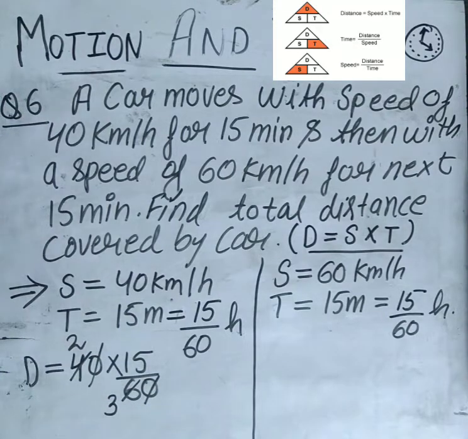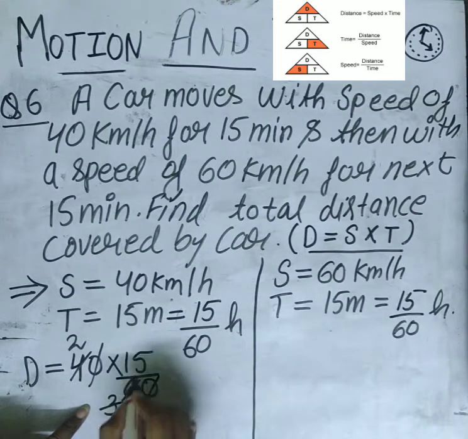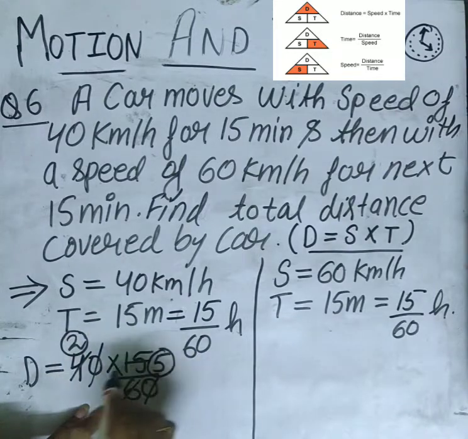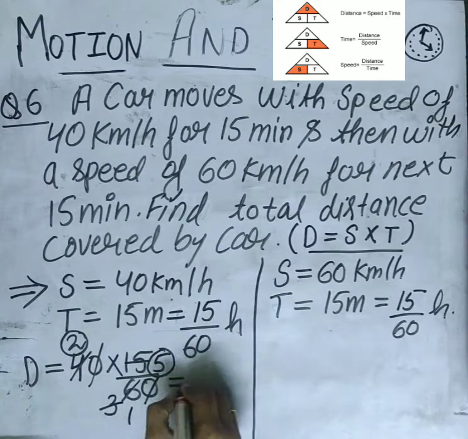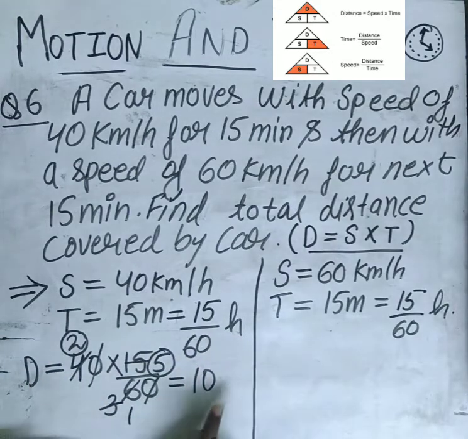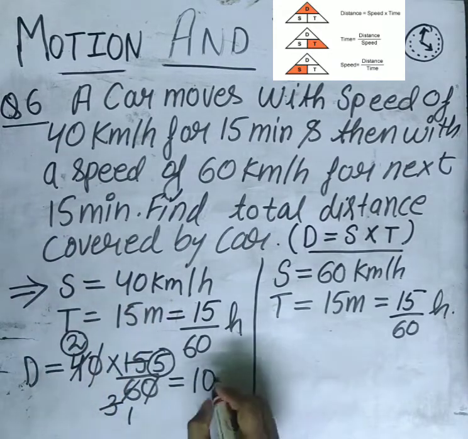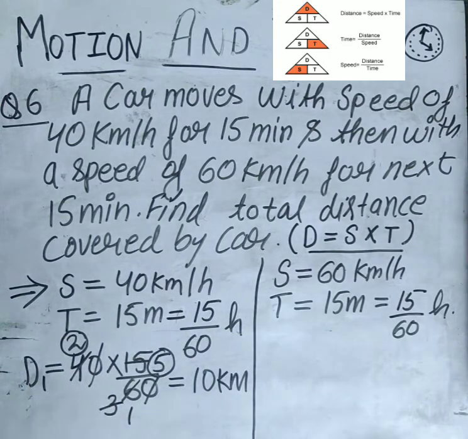So 2 2s are 4 and 2 3s are 6. Then again if we cut it down, 3 1s are 3, 3 5s are 15. So you are left with only 2 and 5 in multiplication. That would give you 2 5s are 10. So the first distance that is coming is 10, and what would be the unit here? It would be kilometer, because speed was given in kilometers. So the first distance, D1, is coming as 10 kilometers.